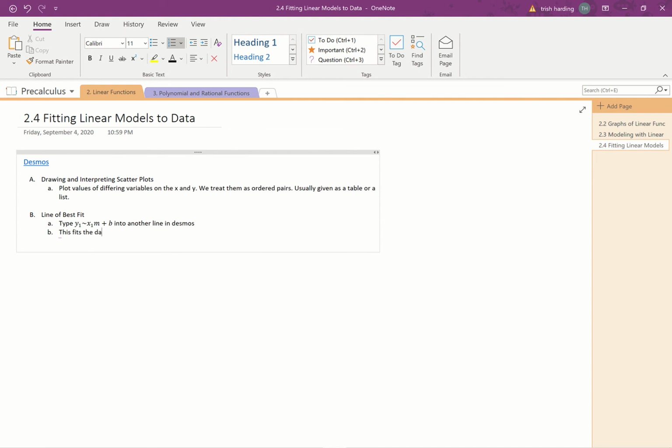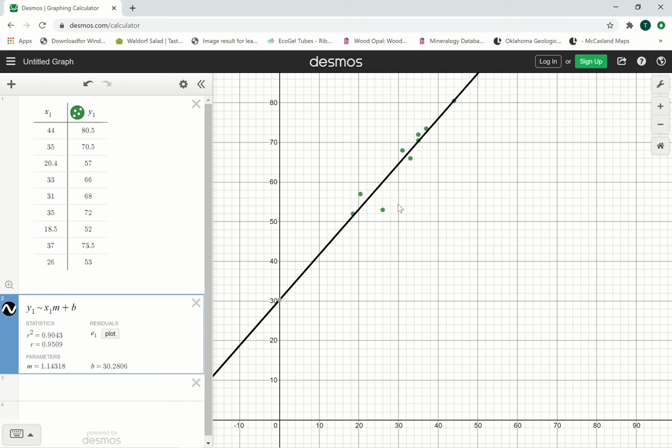This fits the data to a line that approaches the data like a function would, so that if we had to predict something, we could reasonably use this line to predict it. So I'm going to go back here and show you what happens. Let's see if I can move one of these.